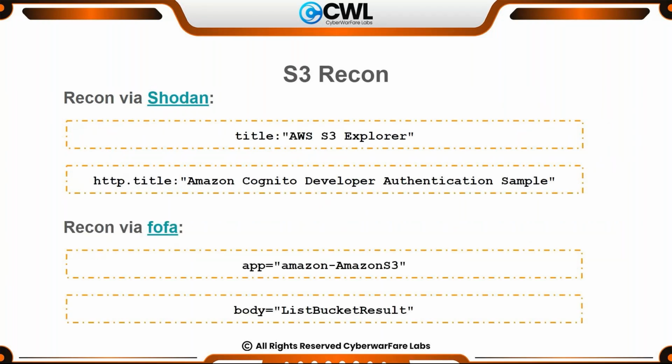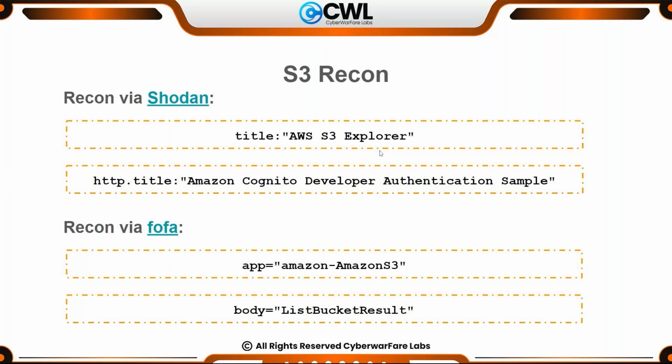So now let's move on to the next service, which is the S3 bucket. Unlike EC2, S3 presents numerous opportunities due to the abundance of publicly available resources. So in this, let's start with Shodan. The first Shodan query aims to identify web pages with the specified title AWS S3 Explorer.